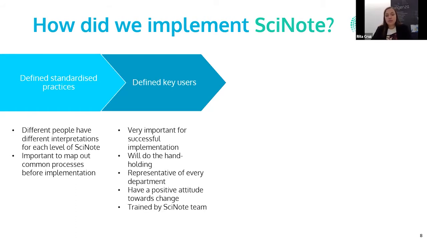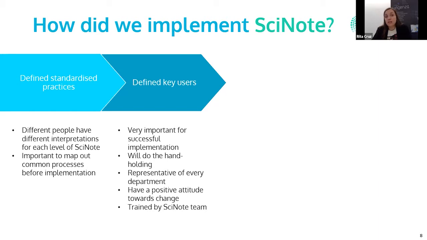These key users were then trained by the SciNote team. They offer training in the beginning, and they also have lots of different training videos online and documents you can read. But the key users had an intense training from the support team, and they learned about every possible thing you can do with SciNote.